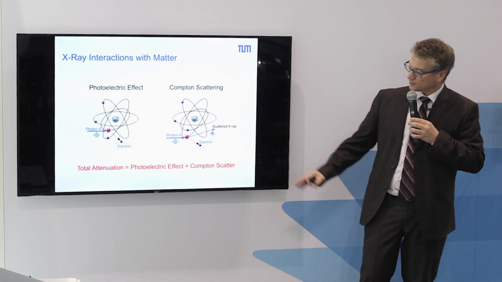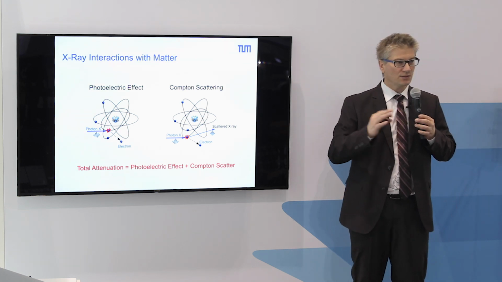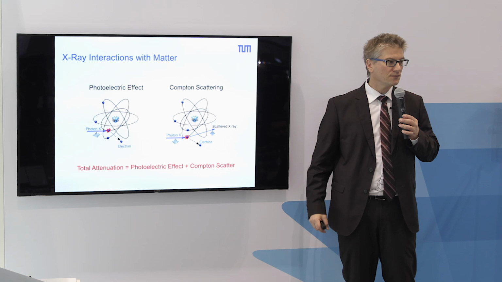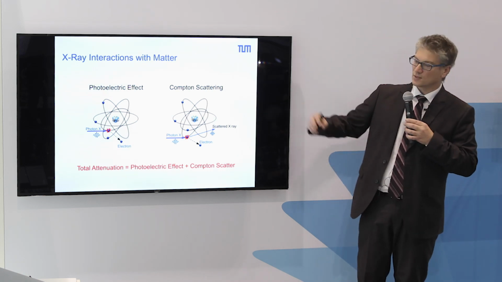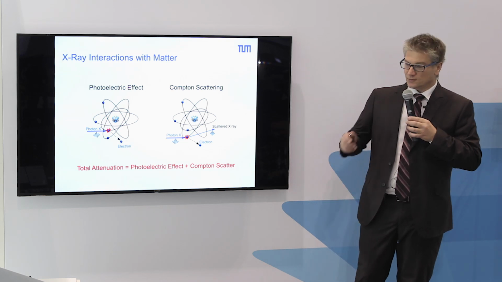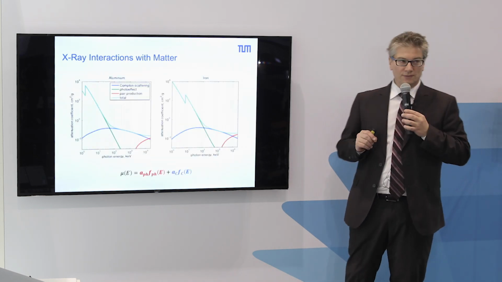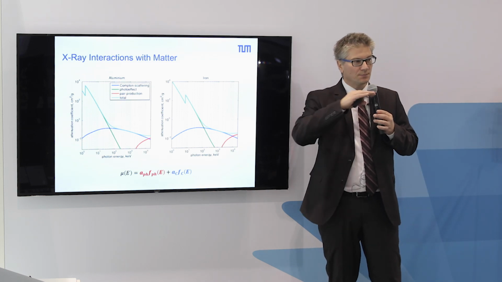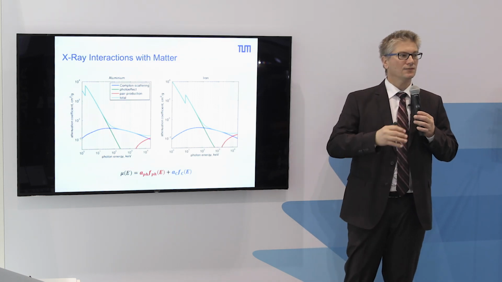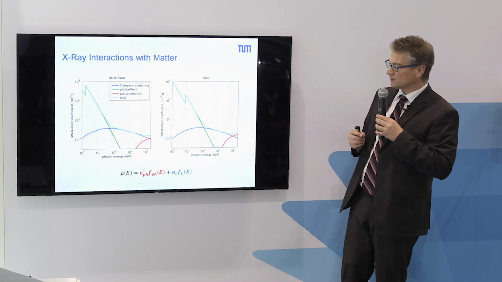The total attenuation in the energy range we use in medical imaging, between 50 and probably 120, 140 keV, is essentially a combination of these two effects. The really interesting thing is that the photo and Compton effects have a different energy dependency, and this is the basis for all this dual energy work and for the material decomposition we do today.